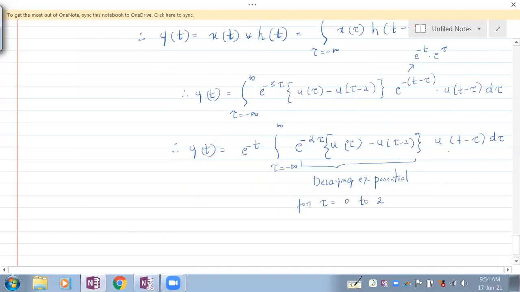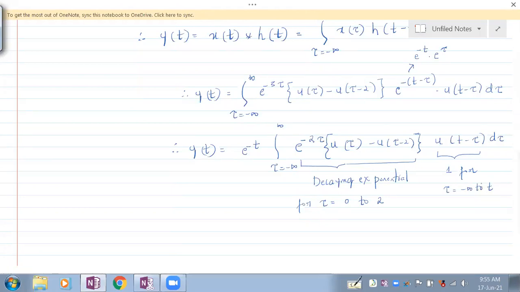And what is this? This is 1 for tau ranging from minus infinity to t. So this is one signal which will keep coming in most of the problems. Understand? So let's sketch now.